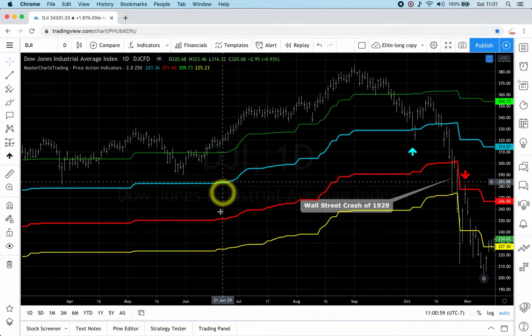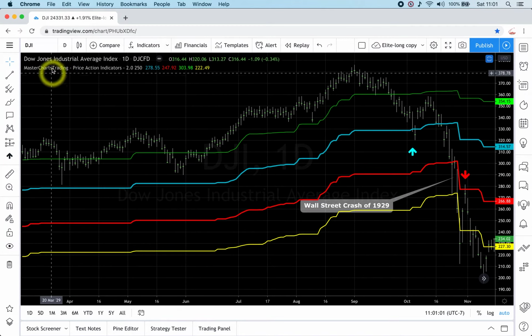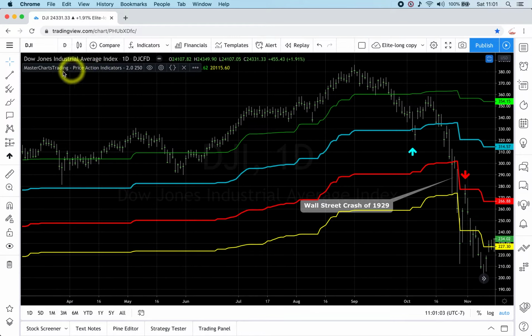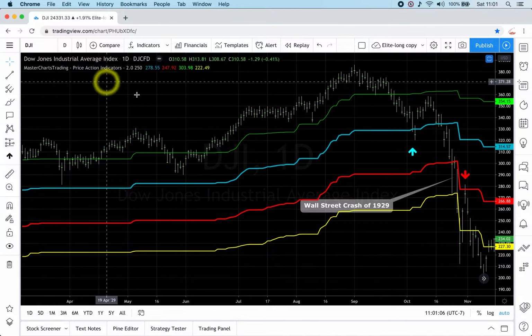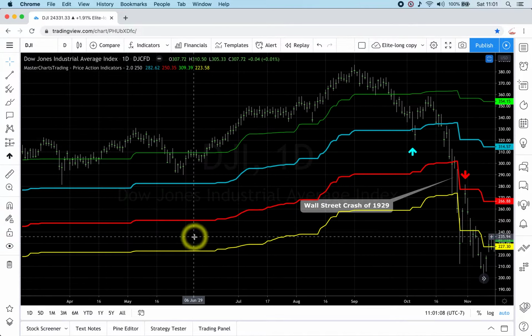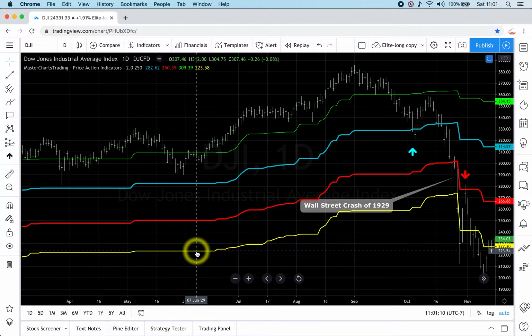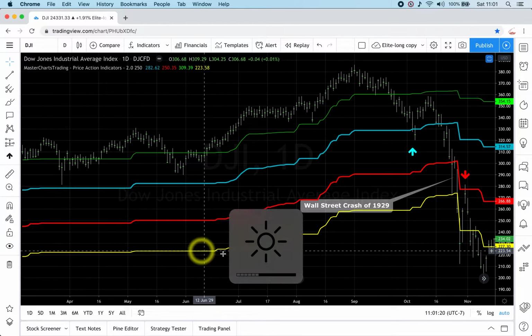This green, blue, red, yellow lines are my proprietary trading indicators called MasterCharts Trading Price Action Indicators. And on this chart, I'm going to show that you don't really need any fancy education or insider knowledge to be able to successfully trade stocks.